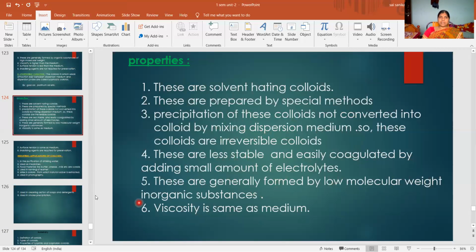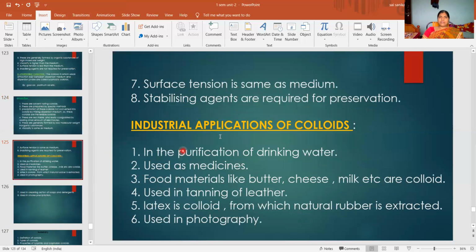Viscosity is same as medium, and surface tension is also same as medium, and stabilizing agents are required for preservation. If you want to preserve this colloid, some stabilizing agents are added. So these are the types and properties of lyophilic and lyophobic colloids. Okay, colloids classification and their properties.